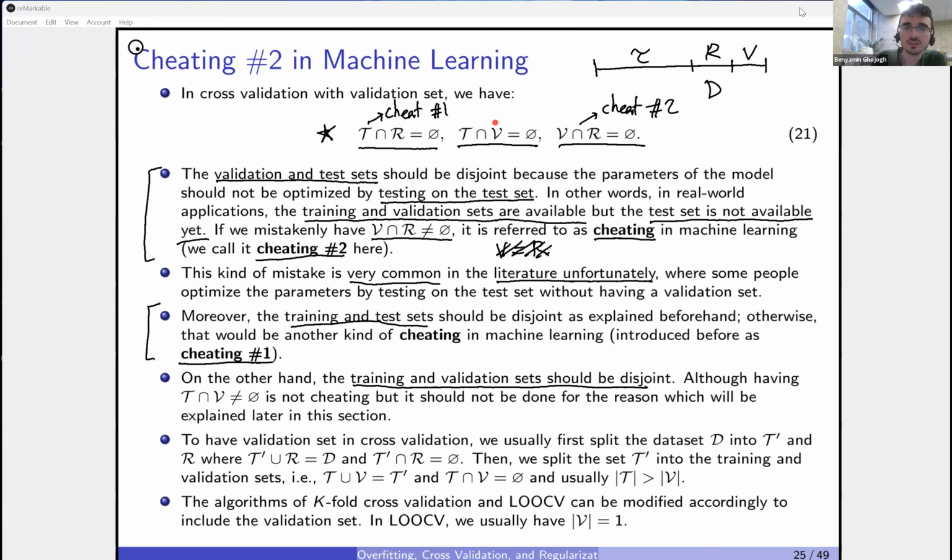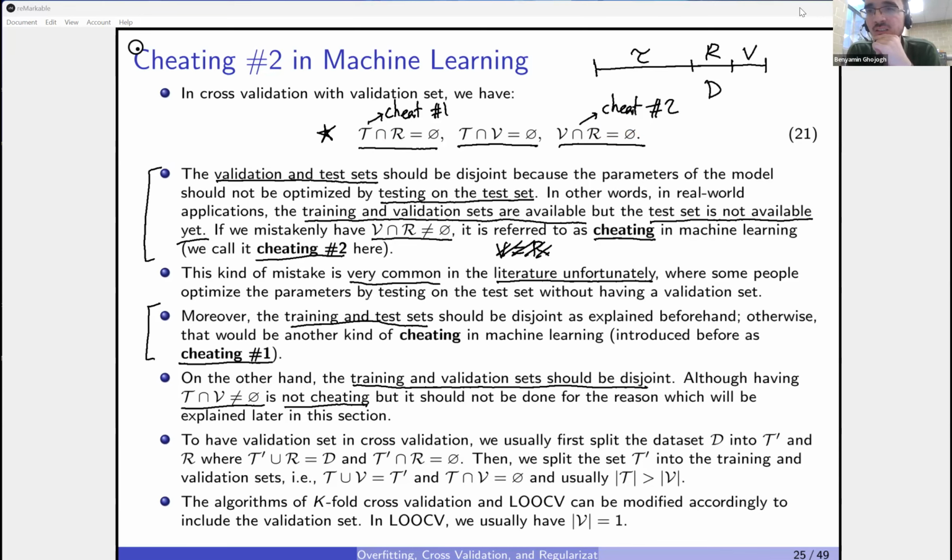Now this one, train and validation set. Why should they be disjointed? Because if not, it is not cheating anymore, but it should not be done. And I will explain it. Because cheating number 1 and cheating number 2, they are good for you for reporting your test accuracy, test performance, or for getting your paper accepted, or for making your manager happy in industry.